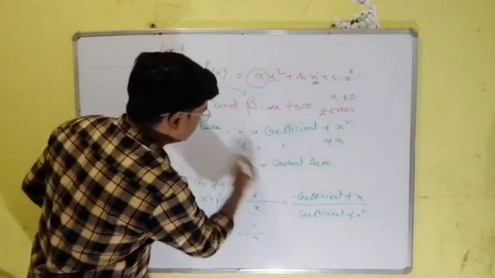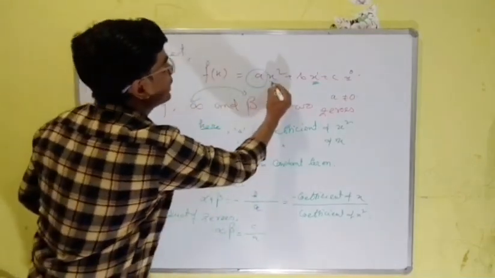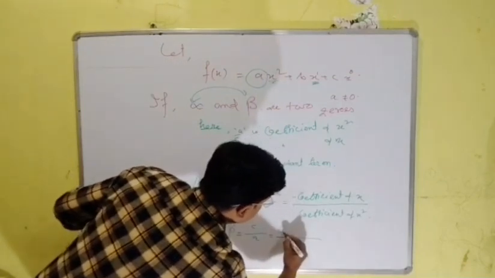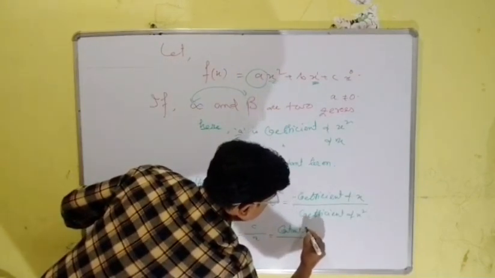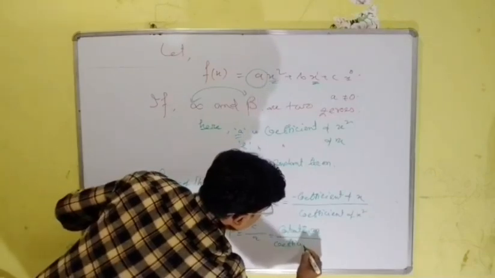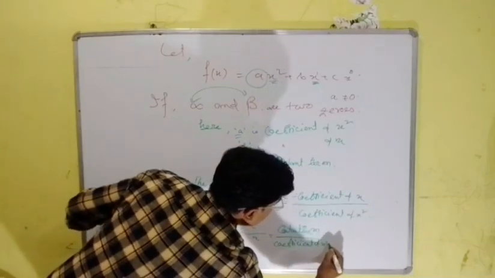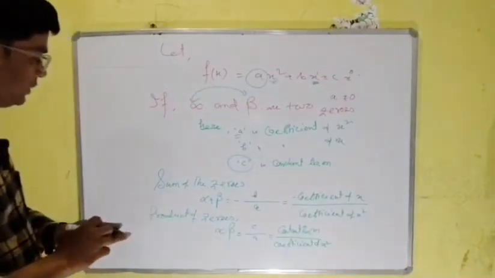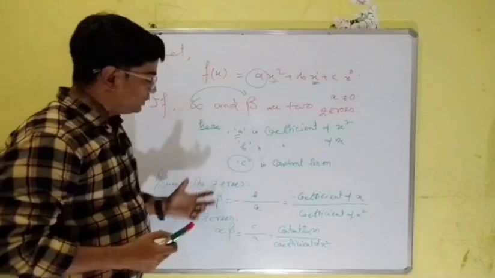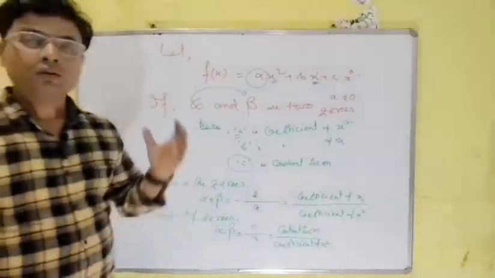Here the constant term is c and the coefficient of x square is a. I can write constant term by coefficient of x square. Students, this is all about the relation between zeros and coefficients of a quadratic polynomial.